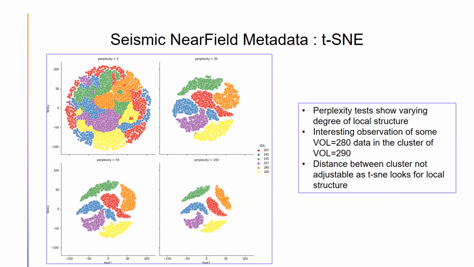With a perplexity value of 30, we can already see better separability. But interestingly enough, there's a bit of orange on the yellow. I thought that was quite interesting because geophysically, those 2 guns are quite similar.